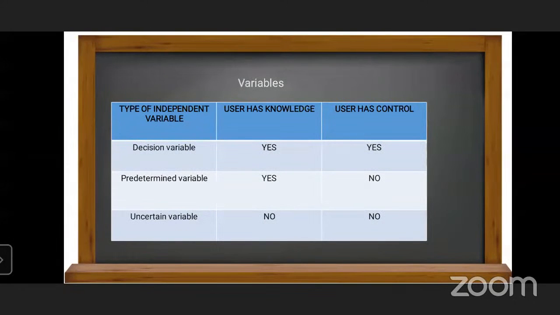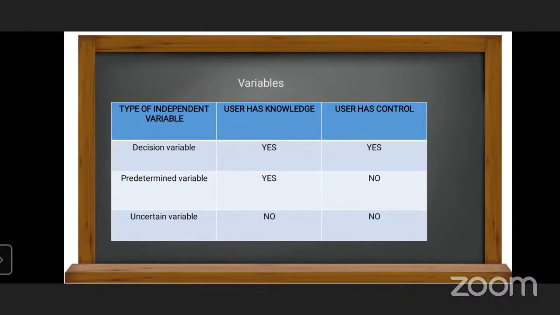Now, here is the classification of variables. Variables are of three types: decision variable, predetermined variable, and uncertain variable. These three variables are classified based on whether the researcher or the user has knowledge of it and whether he has control over it. When he has the knowledge as well as the control, we term that a decision variable, for example, how much seed we want.